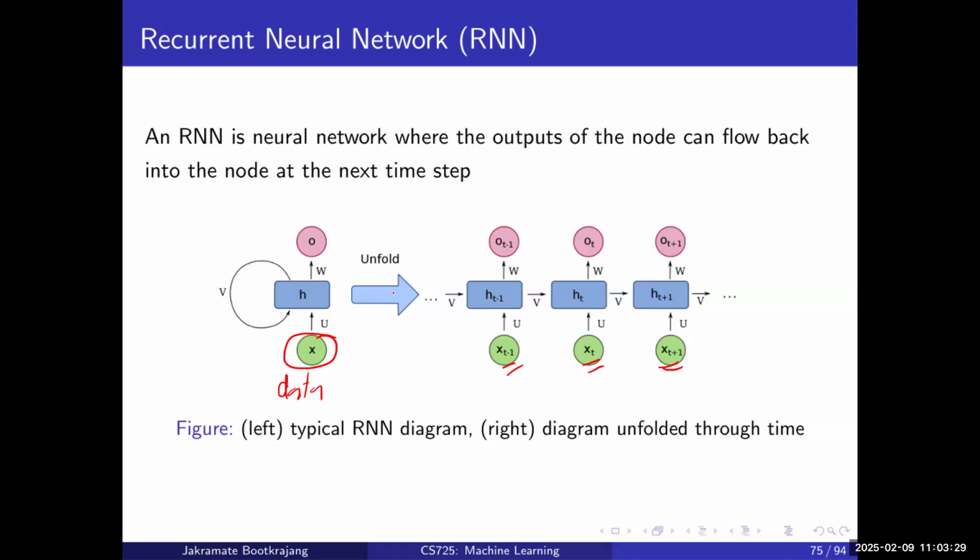So if you unfold this neural network, we have this extra structure, right? We feed in the input, the data from the current timestamp. We receive the output from the previous timestamp. And we want to combine them to output for that timestamp.